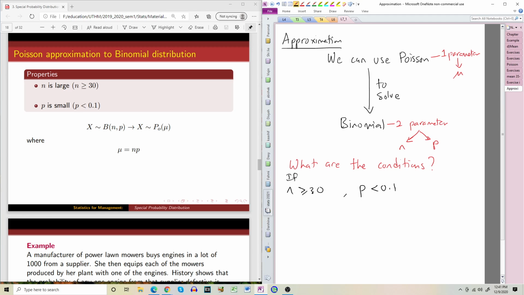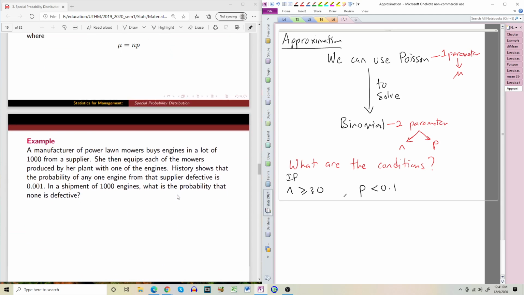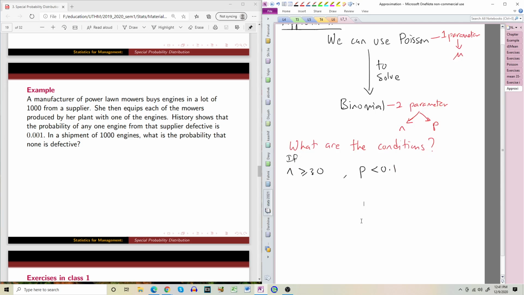If you have this condition, then you can use Poisson. Now let us try one example.